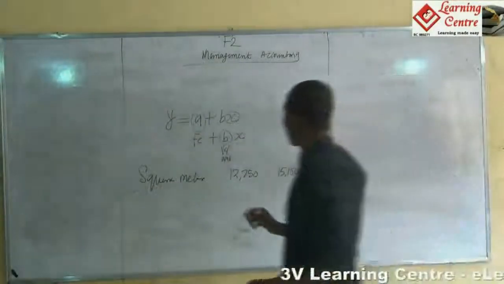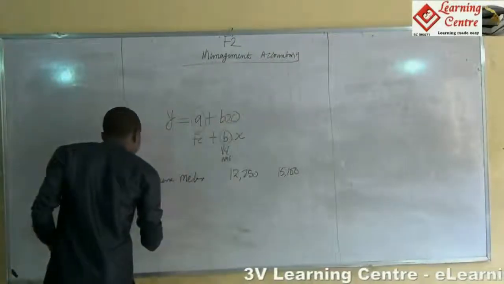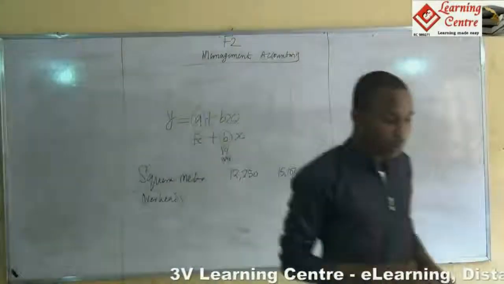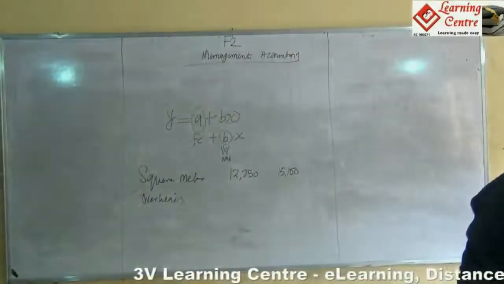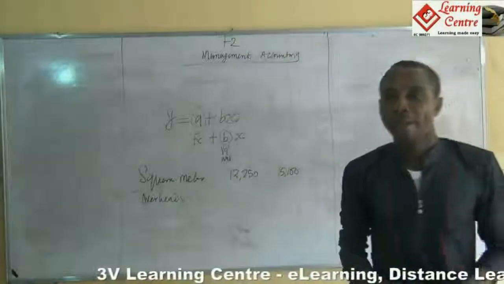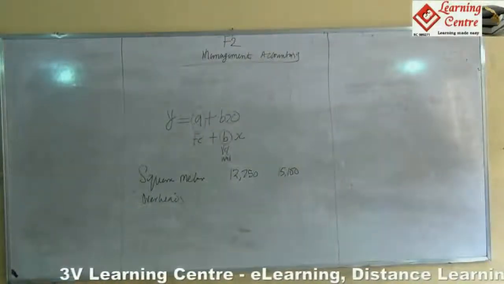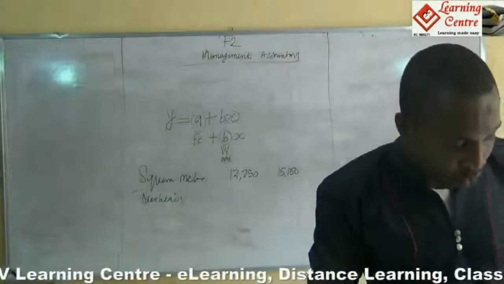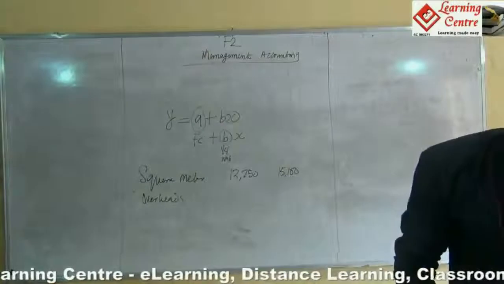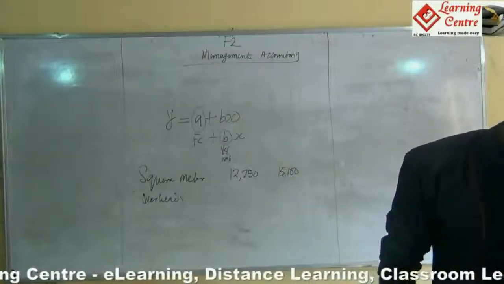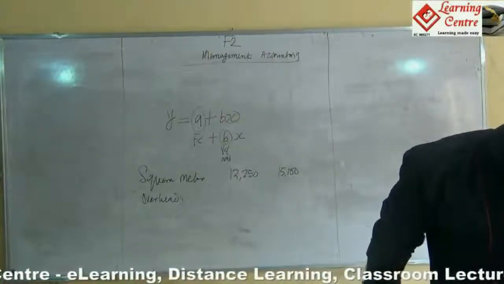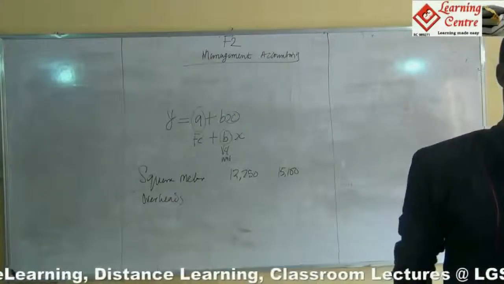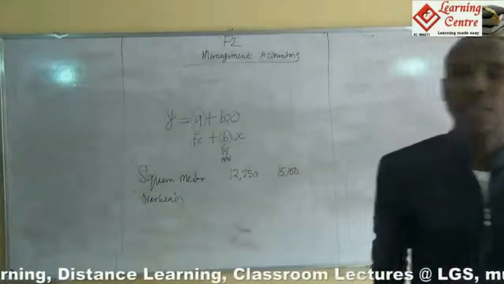Then we have the overhead: for 12,750 we have $73,950, and for 15,100 we have $83,585 in cost.